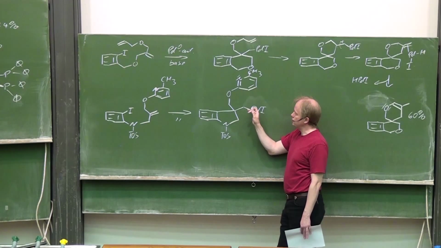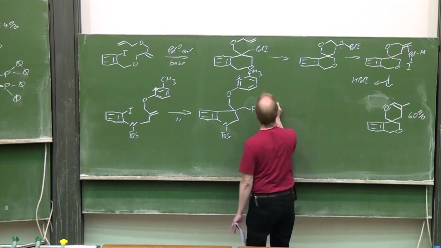So, if you assume a palladacycle as intermediate, then a reductive elimination will connect the carbon centers, CC bond formation from here to there.